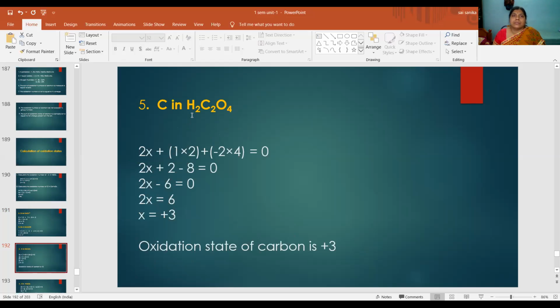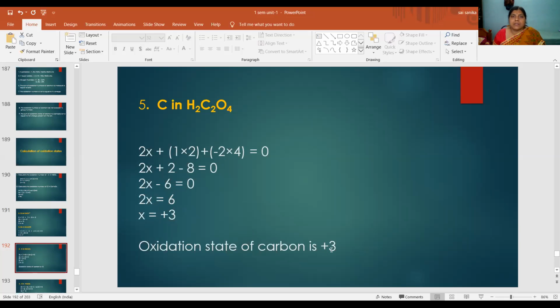So 2 into x plus 2 hydrogens, 2 into 1, plus 4 oxygens, 4 into minus 2, equal to 0. 2x plus 2 minus 8 equal to 0, plus 2 minus 8 is minus 6, 2x minus 6 equal to 0, and 2x equal to 6, x equal to 6 by 2, that is 3.